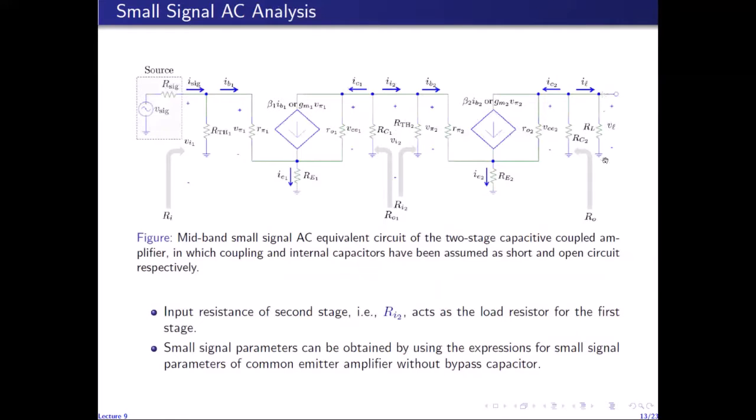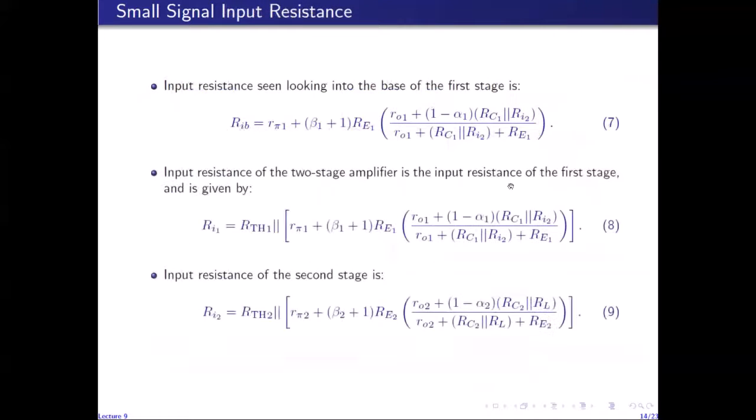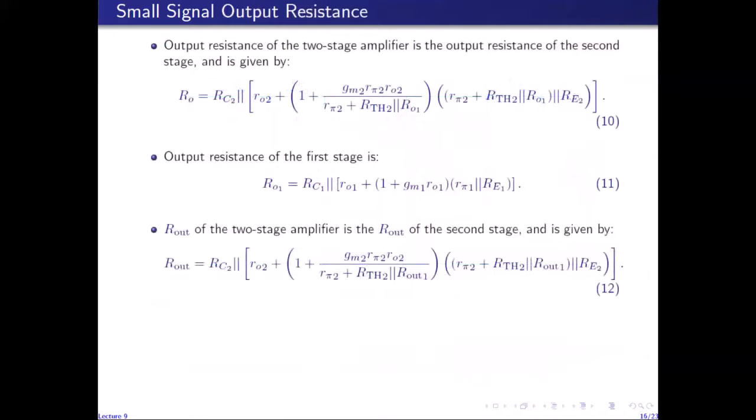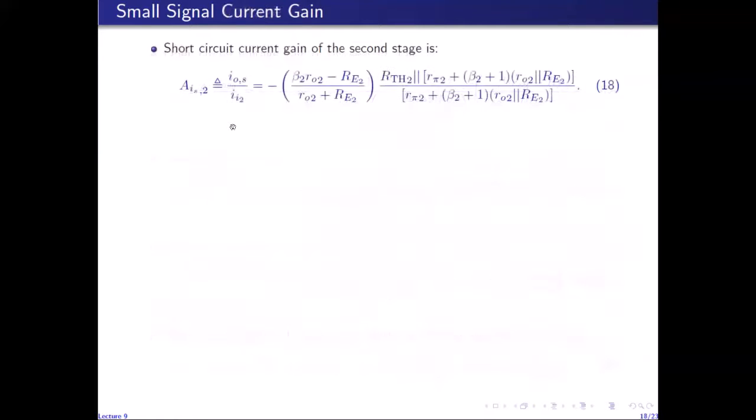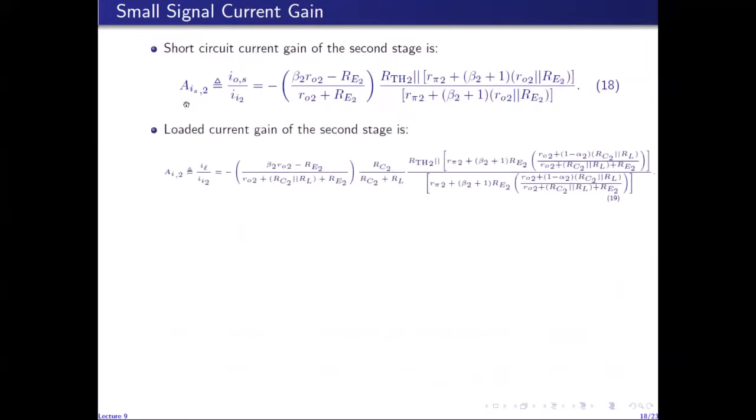I replace RL with a short circuit, and the current flowing through the short circuit is designated as IOS. So IOS over II2 is actually the short circuit current gain of this common emitter amplifier without bypass capacitor. We've already obtained this expression, so we directly use it here to get the short circuit current gain of the second stage.